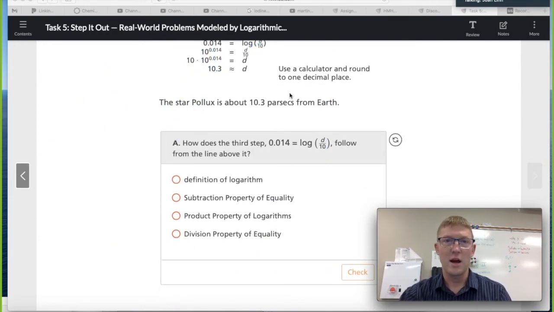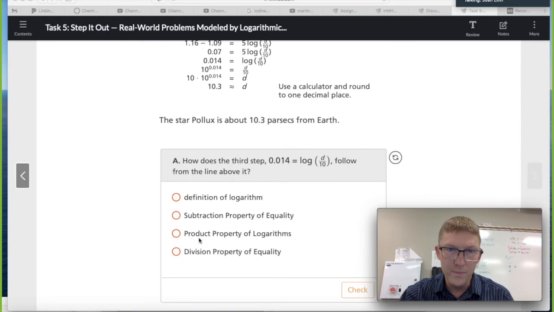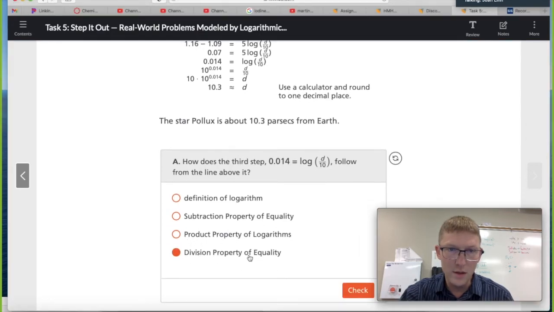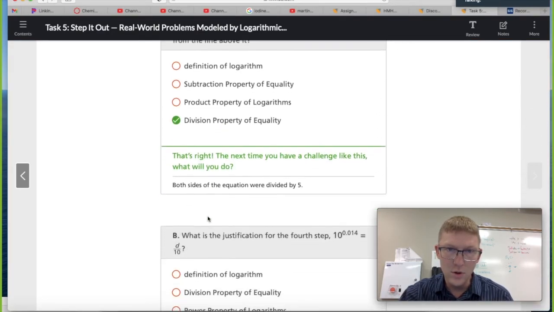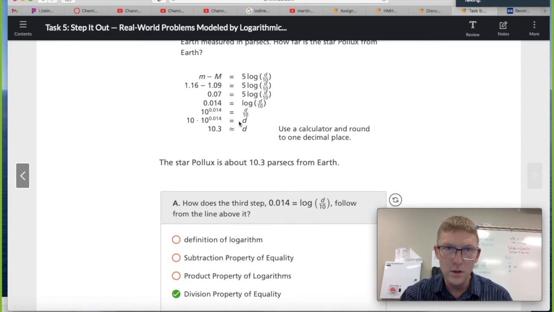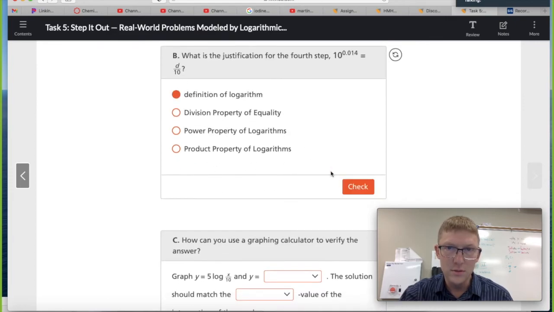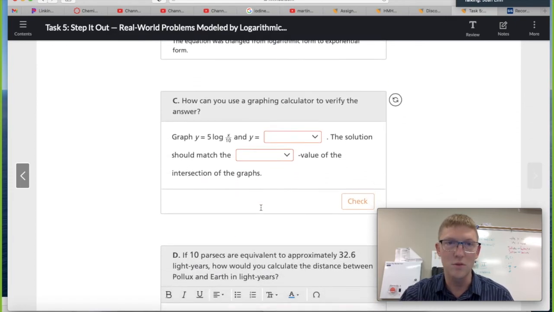So then, how does the third step follow from the line above? Division property of equality. We'll go for that. What justifies the fourth step? Definition of log. I'm getting good at some of these questions.